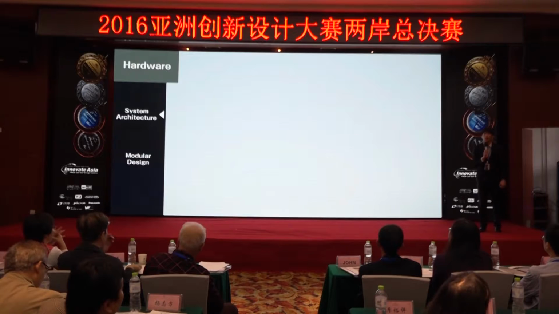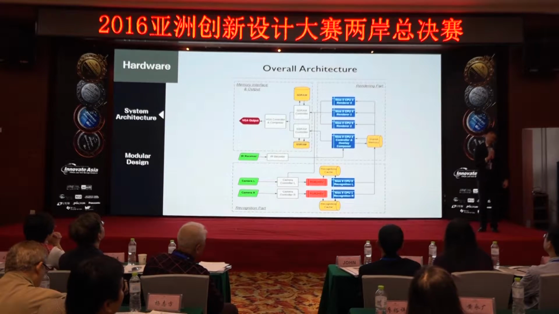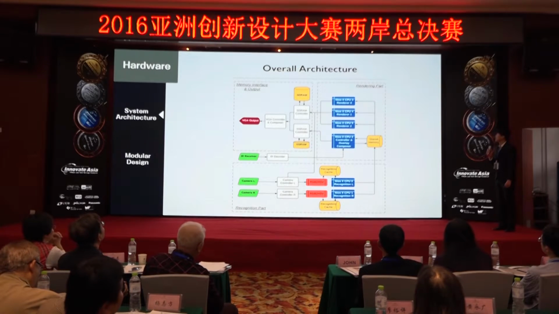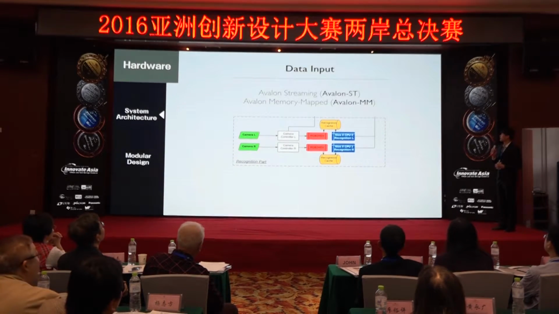Okay, I'll talk about our hardware. This is our overall architecture. We divide the system into 3 parts. The first part is the data input. The input of the camera, we configure it to output a VGA resolution image.